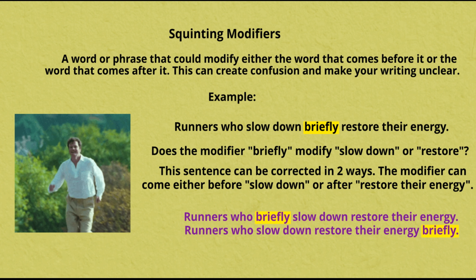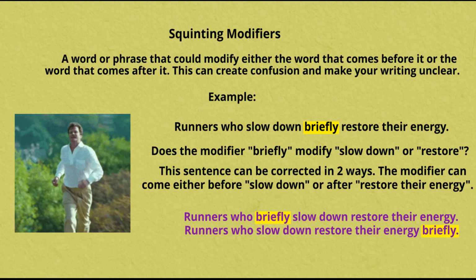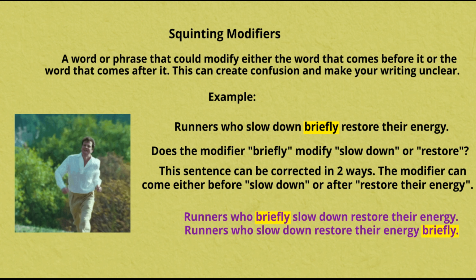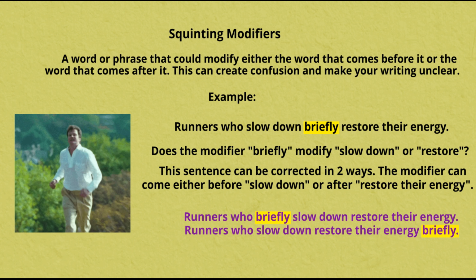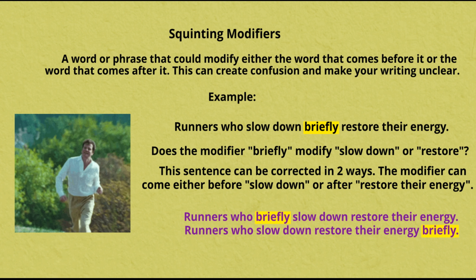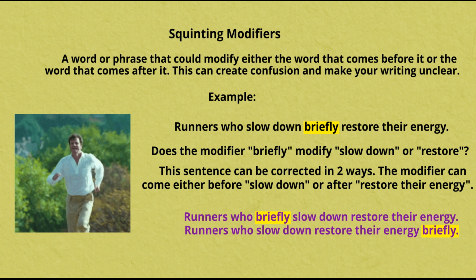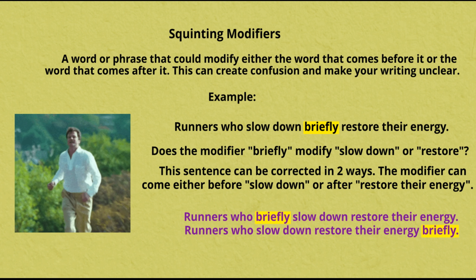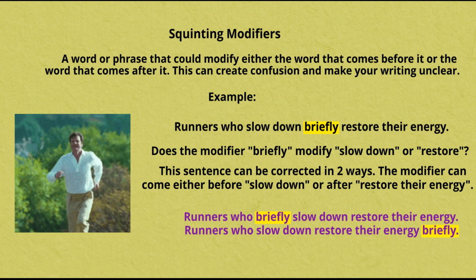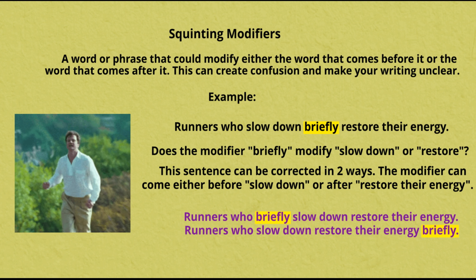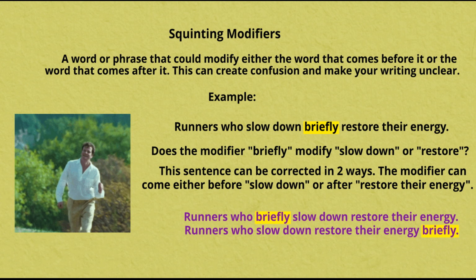That means runners who slow down for a bit can restore their energy. That is the meaning there. The second one: runners who slow down restore their energy briefly. Here briefly is describing restore their energy, right? Understood?